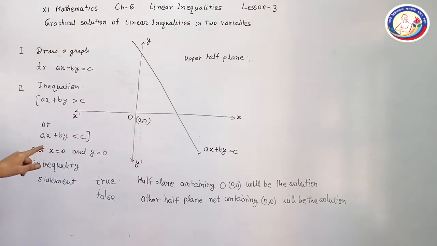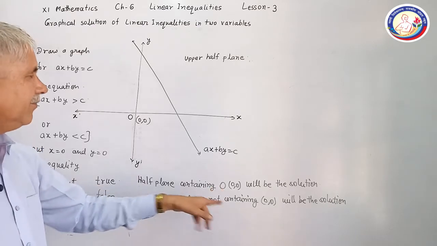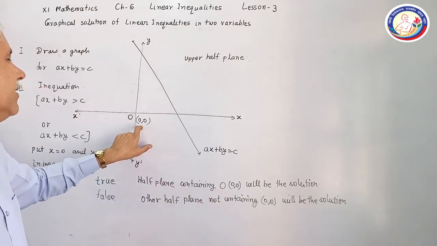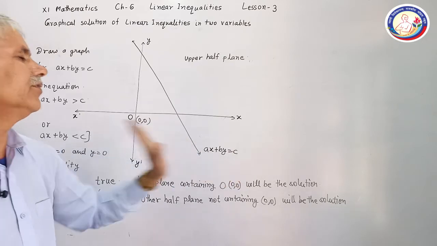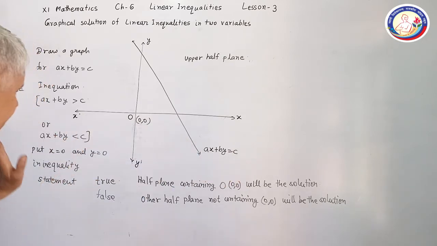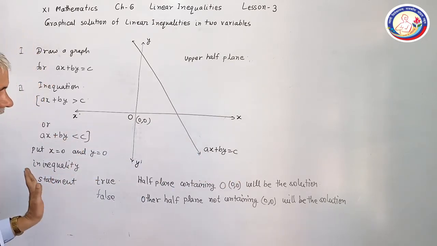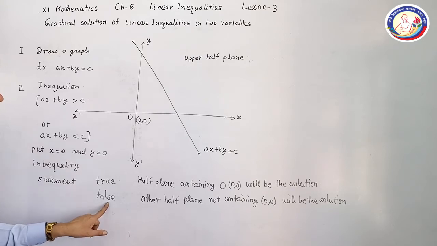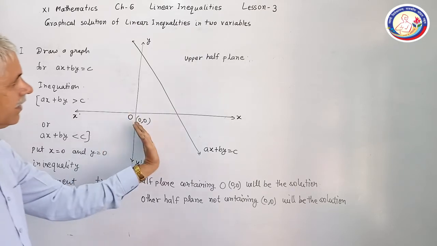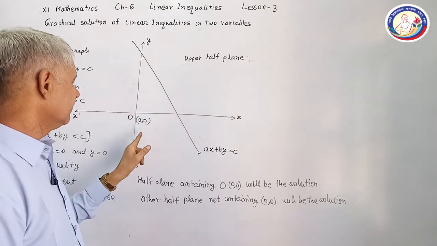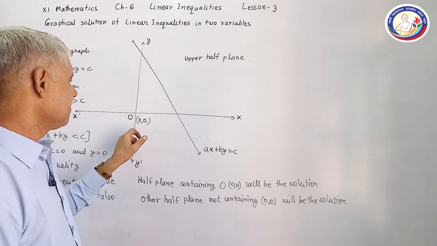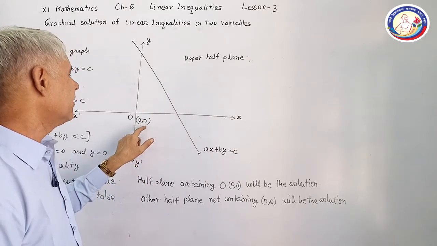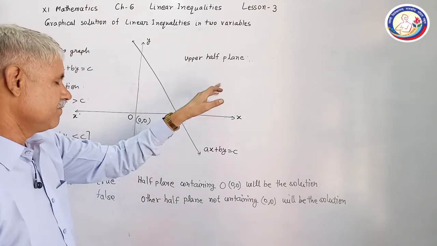If on substituting 0, 0 the statement stands true, then the half plane in which the origin lies is the solution region. And if the statement stands false, then the other half plane in which the origin is not lying will be the solution.